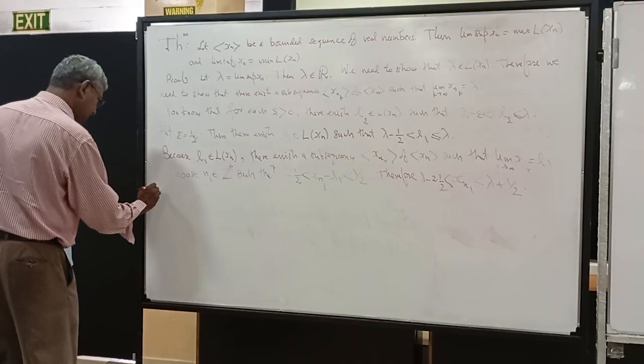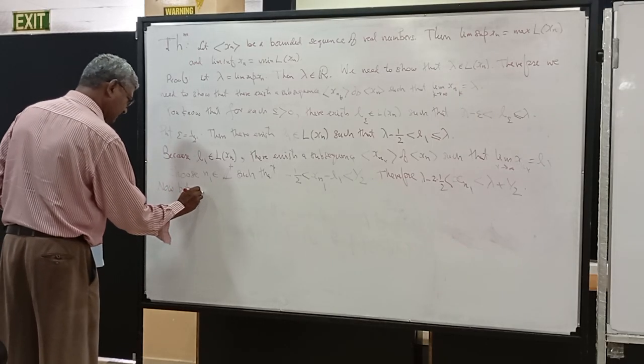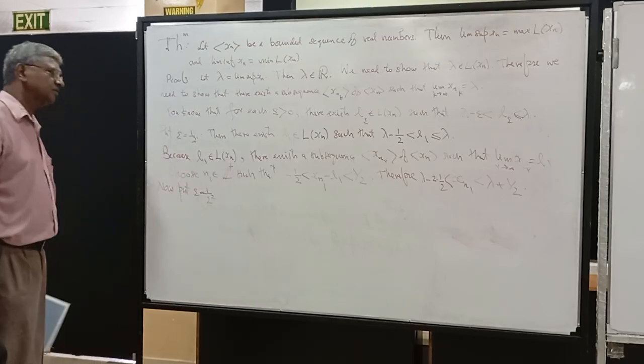Now put epsilon equal to 1 half square, that is 1 over 2 square.